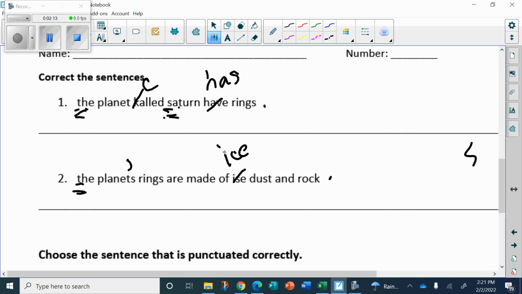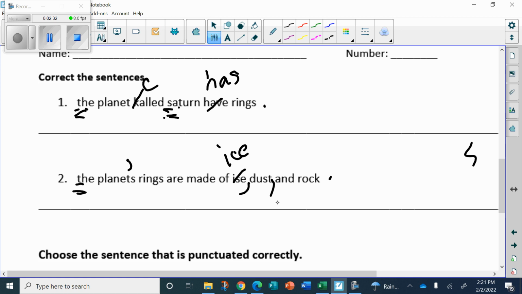Remember E-I-E-I-Y? Those vowels are going to make that C say the S sound instead of the K sound. All right, so ice, dust, and rock. That's a list of three or more, so I'm going to put commas to separate it.